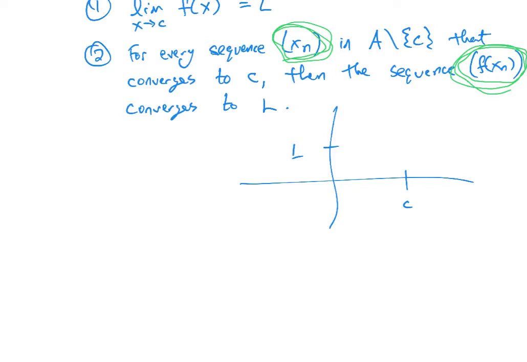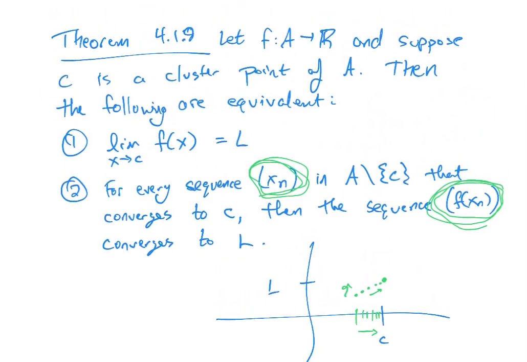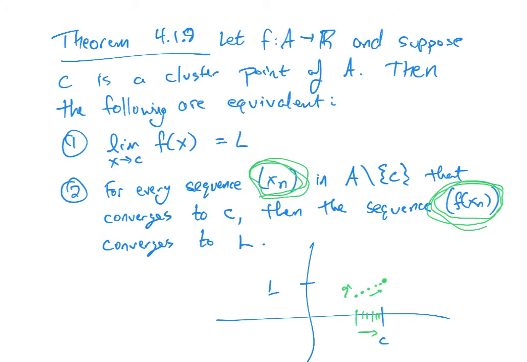And we're looking at a bunch of x values that are converging to C, and we hope to see their function values converging to L. Now, once we get this theorem proved, then we can apply a bunch of theorems we have for limits of sequences in this context.